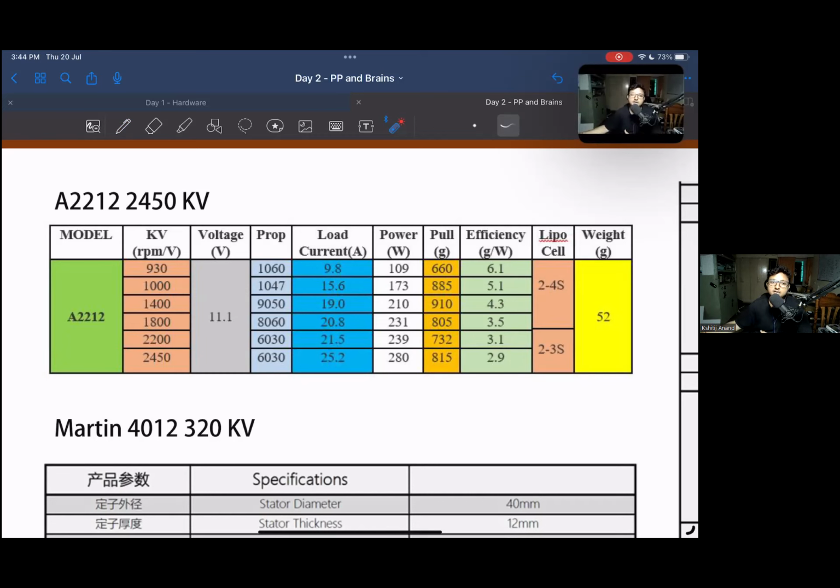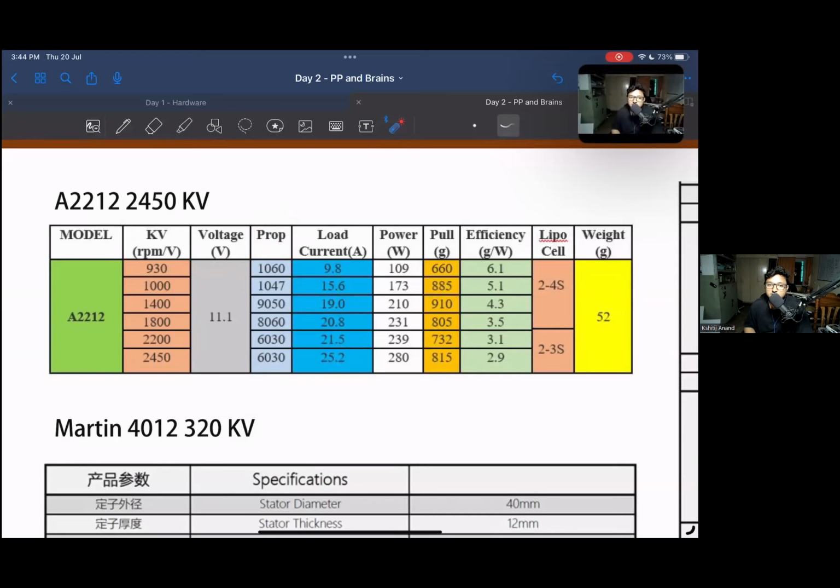Yes. Now the next column that you see is called prop. They have suggested that with the 930 kV motor, you use the 1060 prop. With the 2450 kV motor, you use the 6030 prop.